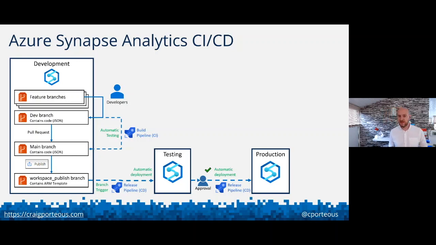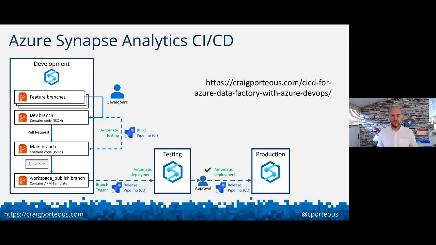So it's quite complicated. There's quite a few moving parts there. I cover a lot of this in more detail in some blog posts talking specifically about Data Factory, where most of the components are very similar to the way you would do it with Azure Synapse. The main difference being that extension and the method in which you're deploying things.